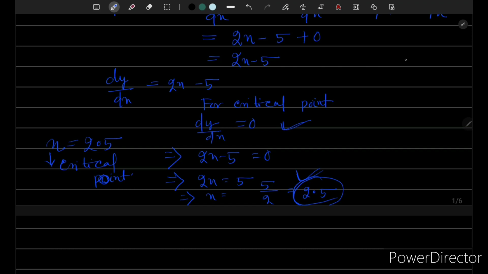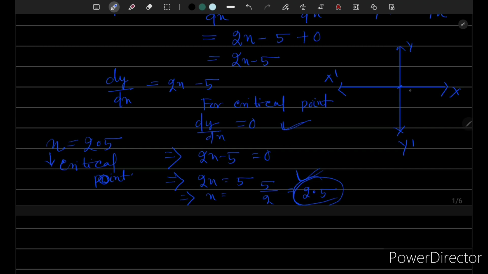If you want to put it on graph paper, this is your vertical axis, the y axis, and this is your horizontal axis, the x axis.